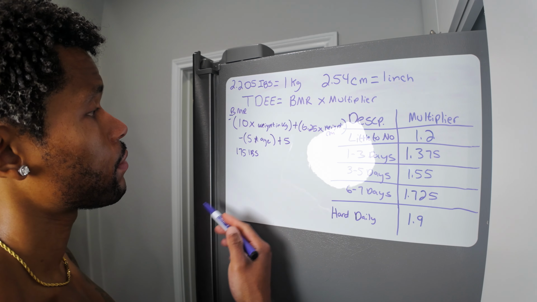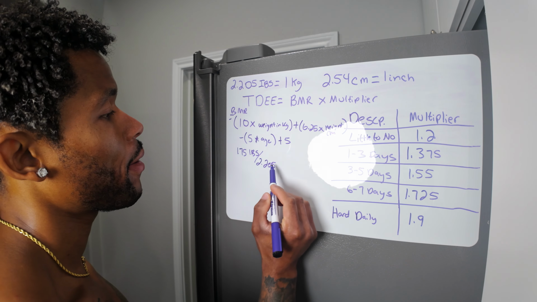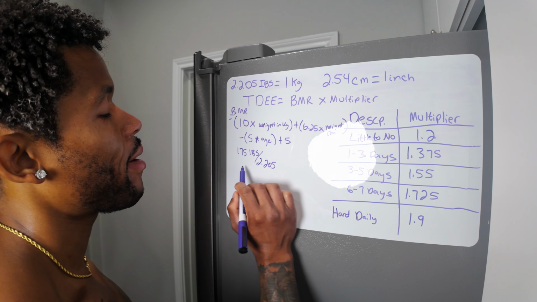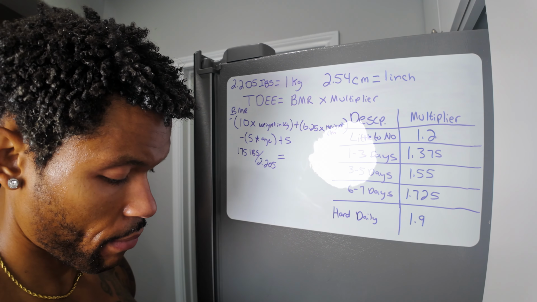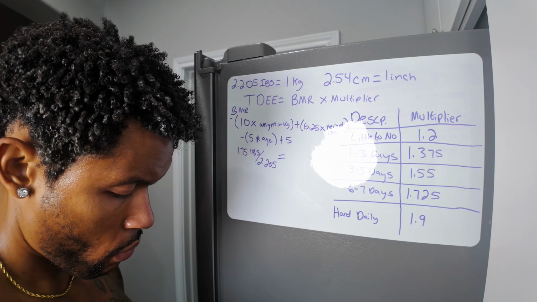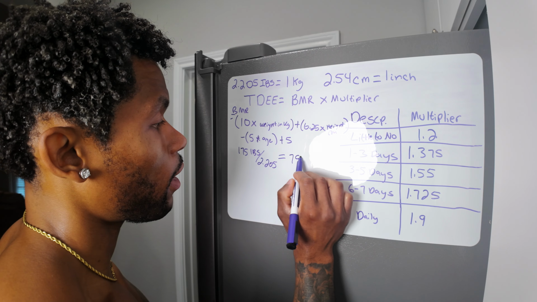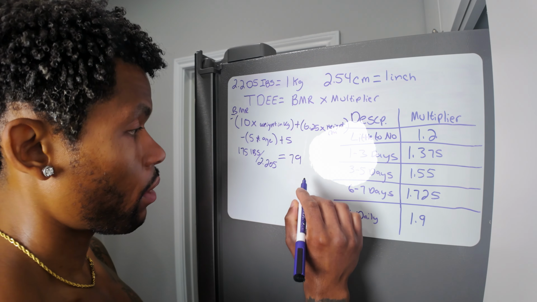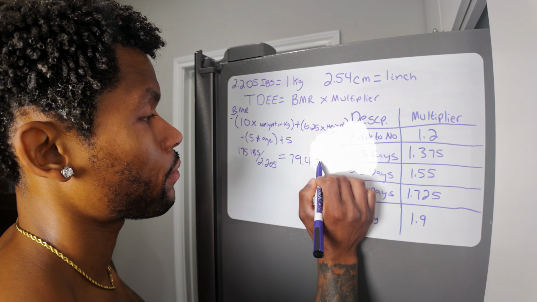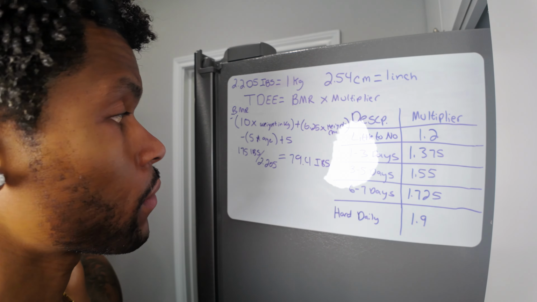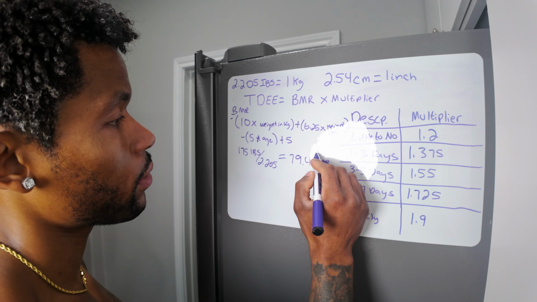So I want to merely divide that by 2.205, and that's going to give me about 79.4 kilograms. So that's what I'm going to use for weight.